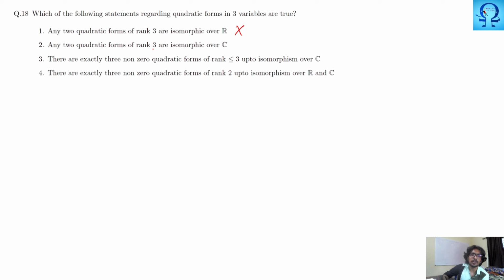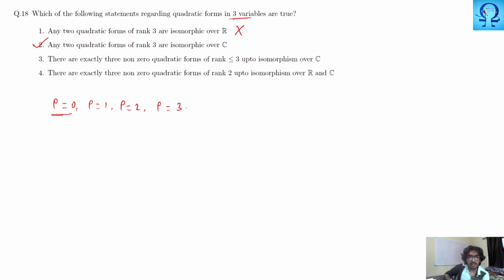Any two quadratic forms of rank 3 are isomorphic over C. Yes, true.